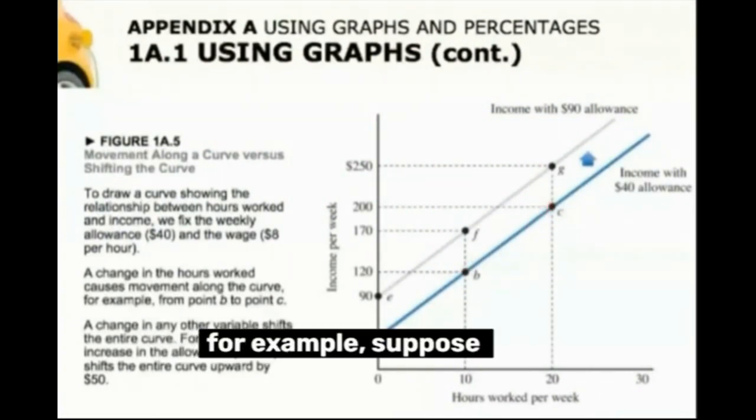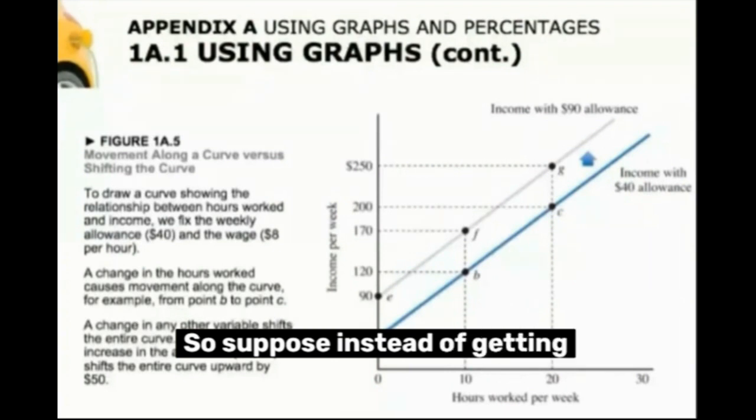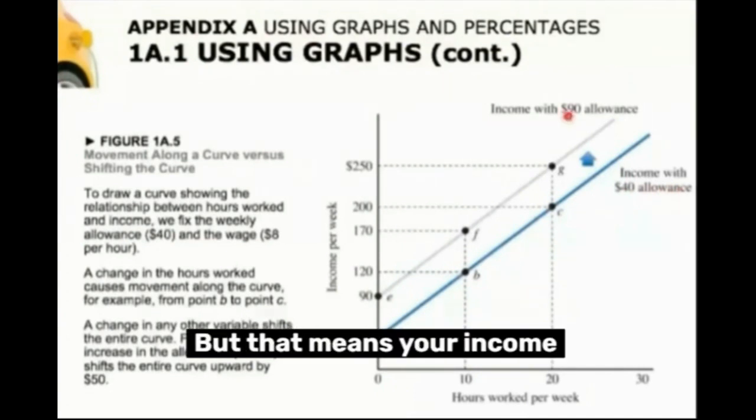Now if something else changes, for example, suppose your allowance were to change, or the amount of money you get even if you don't work any hours, right? That's the vertical intercept. It's the value of income for 0 hours worked. That's what we call the vertical intercept. Now, if that changes, so suppose instead of getting $40 even if you don't work, it moves up to $90 even if you don't work.